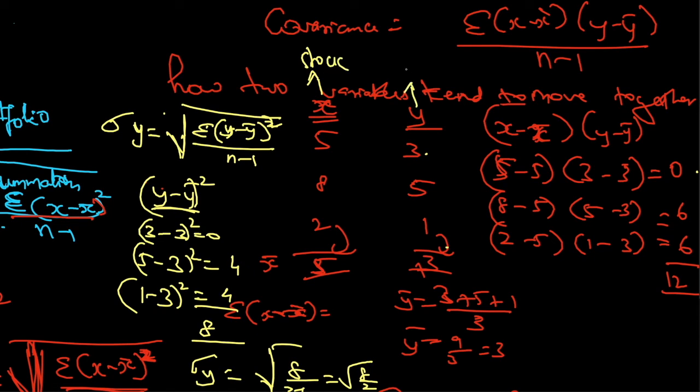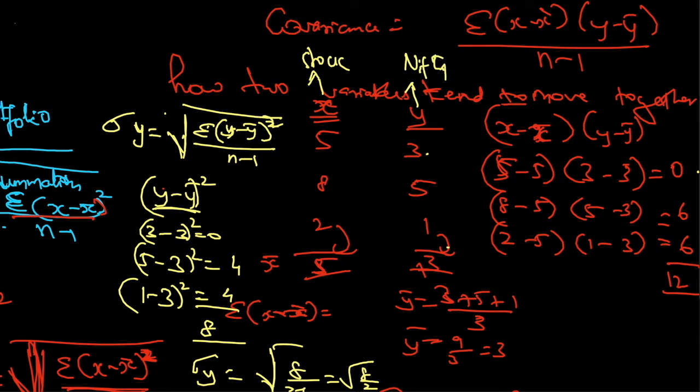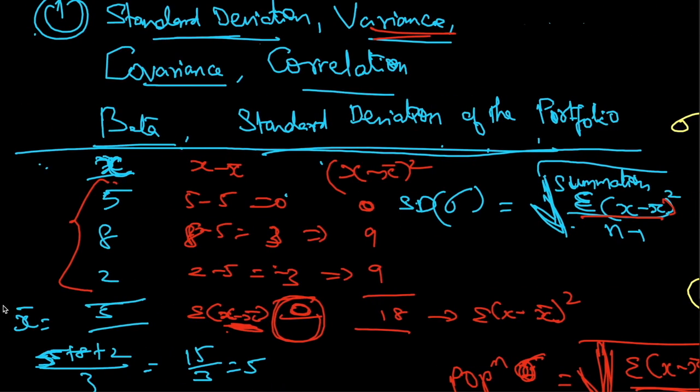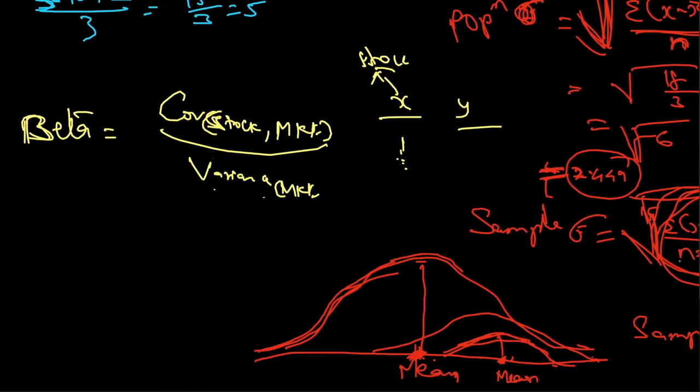So this will be, let's say, the market, that means Nifty. Okay, Nifty, or Standard and Poor's 500, whatever index you want to take. So market variance, I'll find out the standard deviation and then I will take square, so it will become variance.